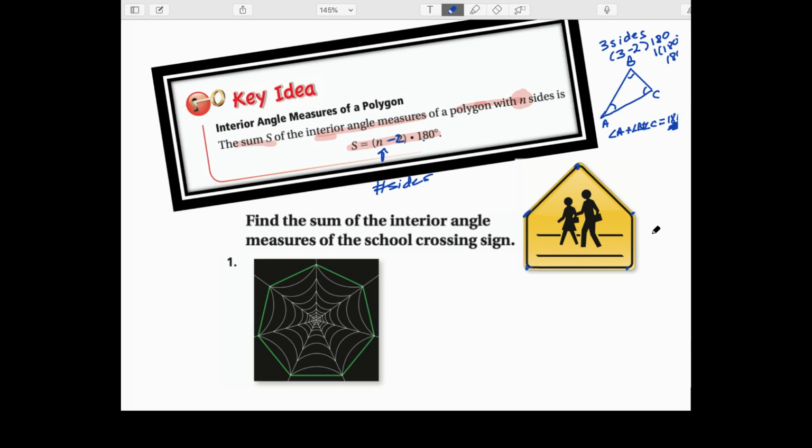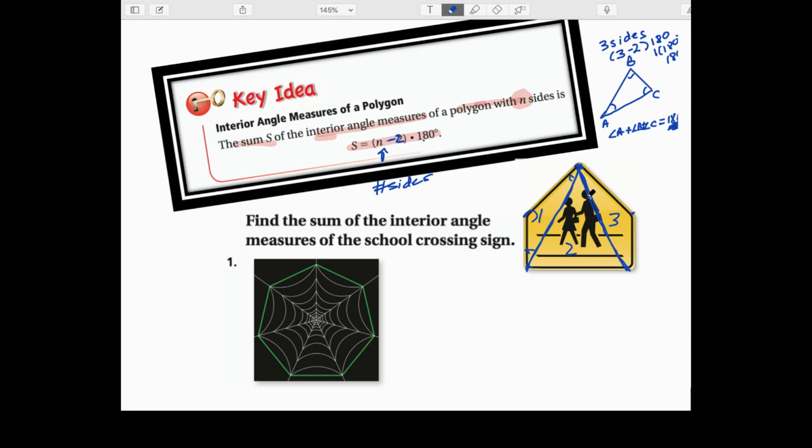What happens if I try to connect these to see how many triangles there are? 1, 2, 3. So there's 5 sides. But if I connect one of these vertices to these non-consecutive vertices, meaning they're not next door, I create 1, 2, 3 triangles. And every triangle is 180.